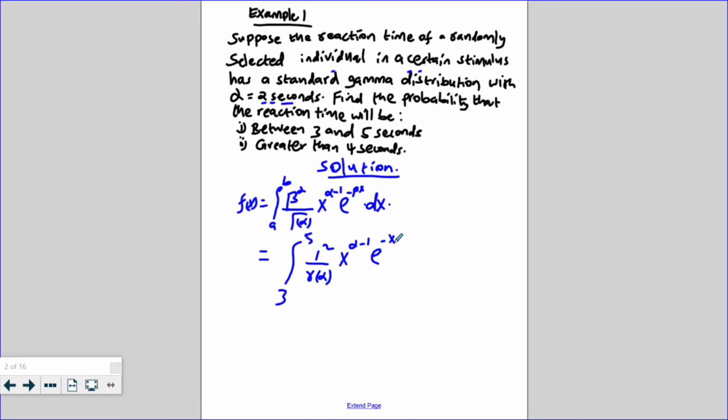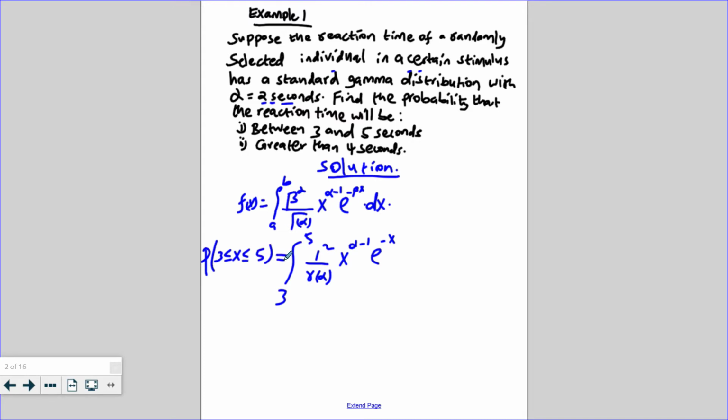So what we are going to find is the probability that 3 is less than or equal to x, which is less than or equal to 5. So it's been given by this now.